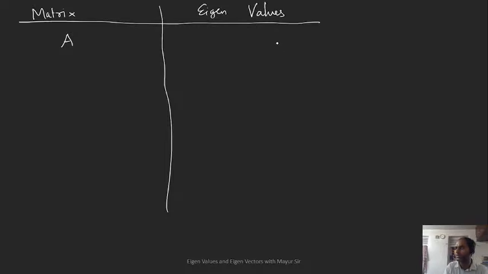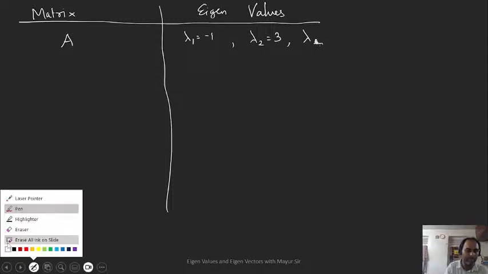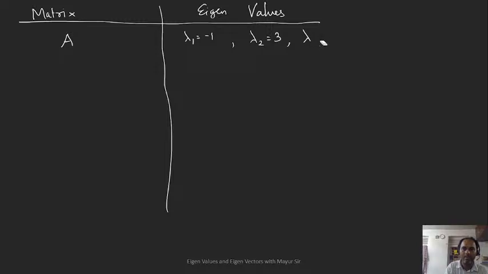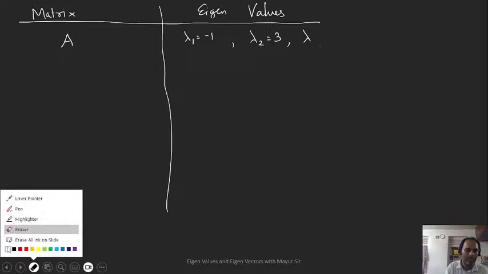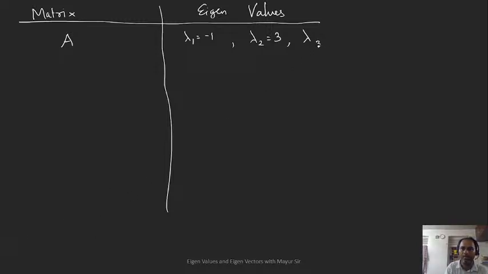The eigenvalues here are lambda 1 equal to -1, lambda 2 equal to 3, and lambda 3 equal to -2.